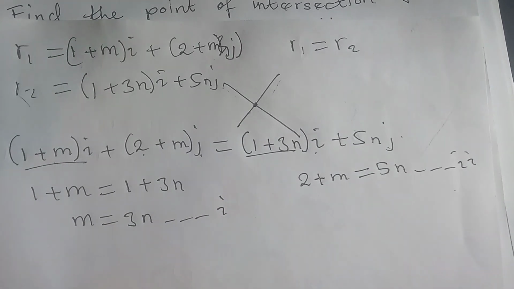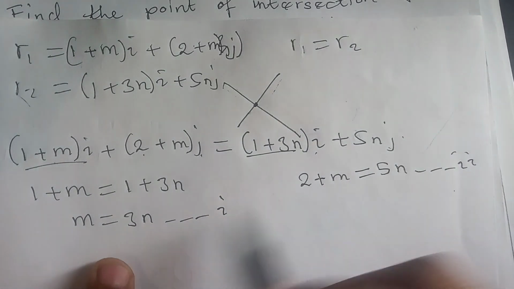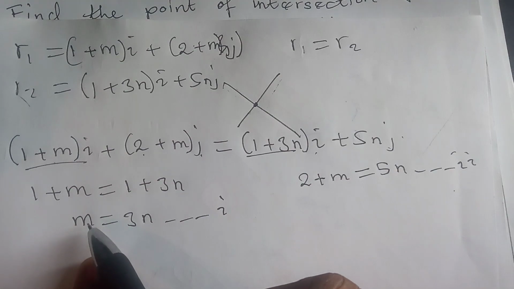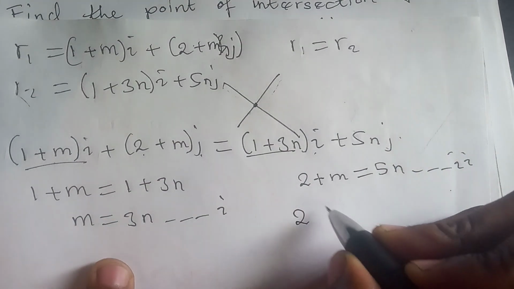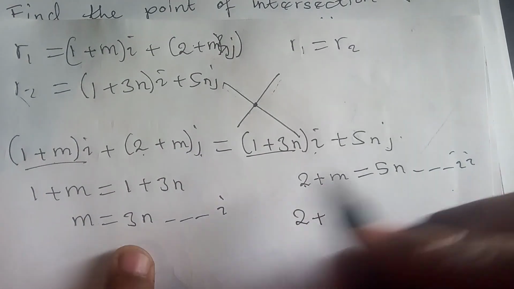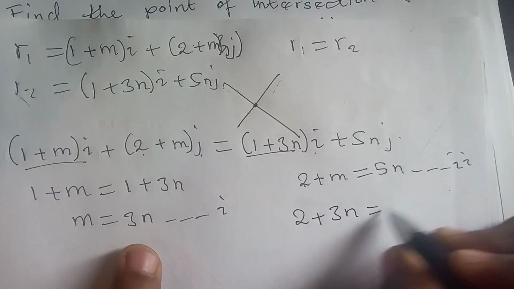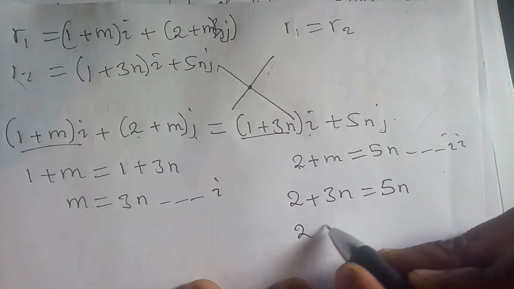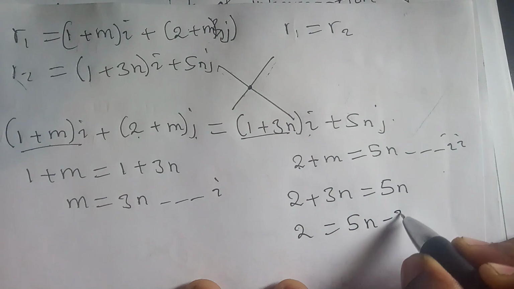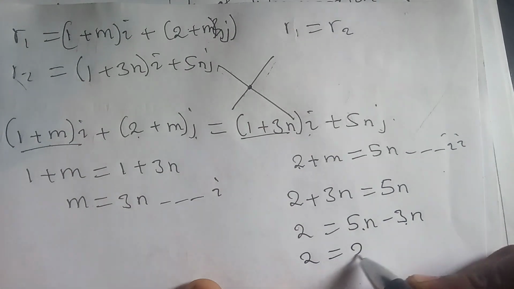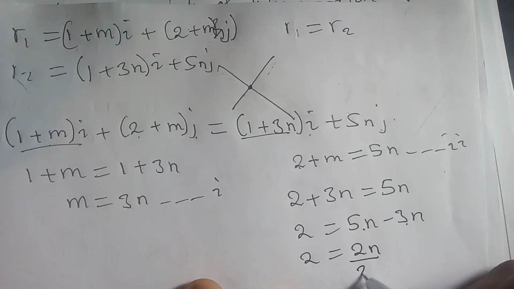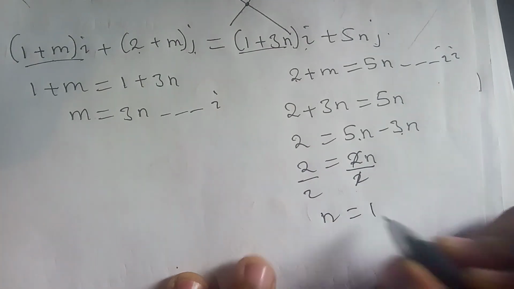So now to solve these two equations simultaneously, I can just substitute the m into this. So 2 plus m is 3n, and this is equal to 5n. Then we can just take the 3n to the other side, and then this minus this will be 2n. So that means our n is equal to 1.